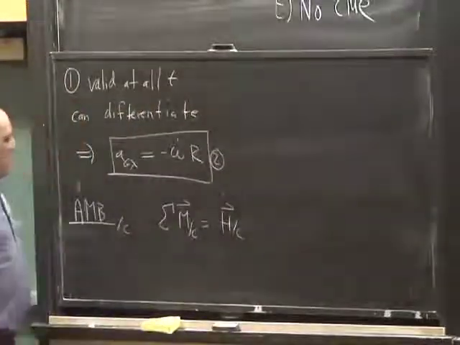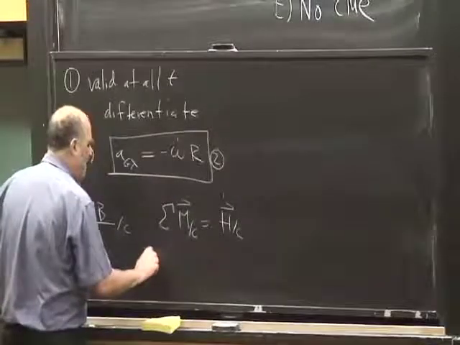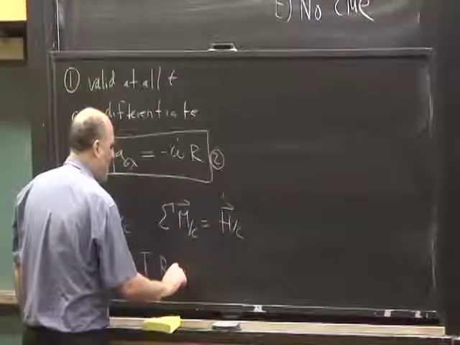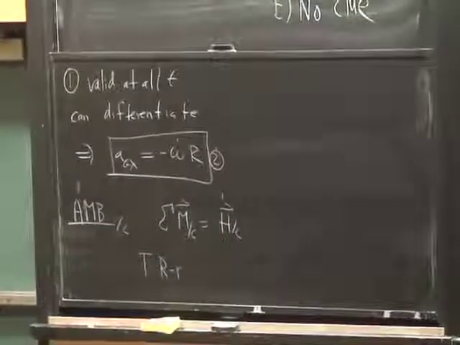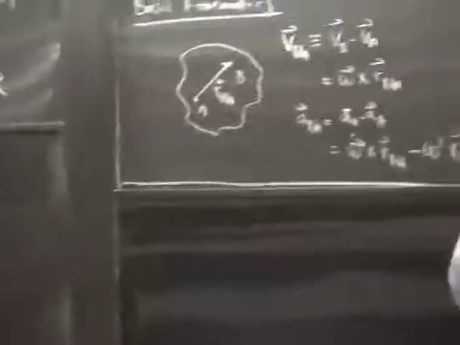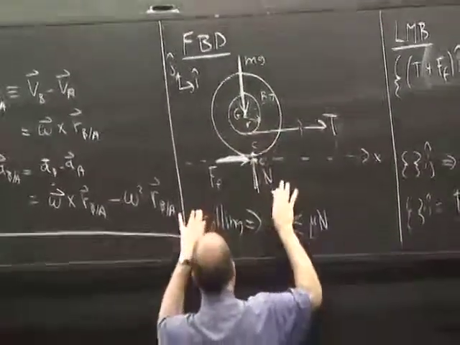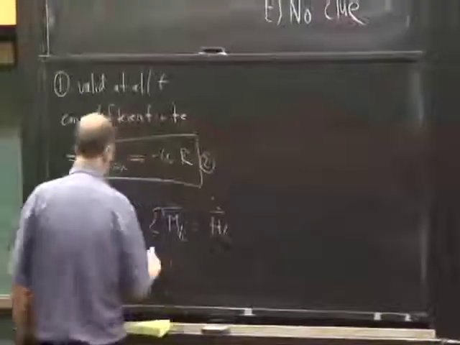Okay, what are the sum of moments with respect to C? Well, we have this tension force multiplied by its lever arm, which is R minus r. So I've got to put in another dimension in here. Besides this capital R, I need a little r here, which is the radius of the film as opposed to the radius of the spool.